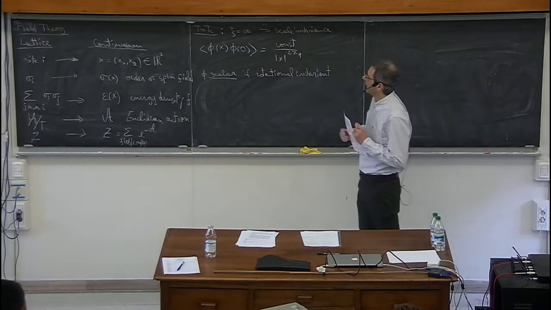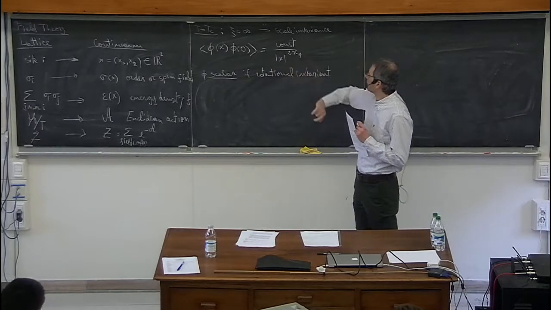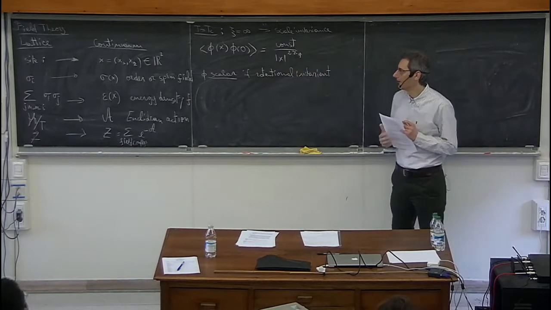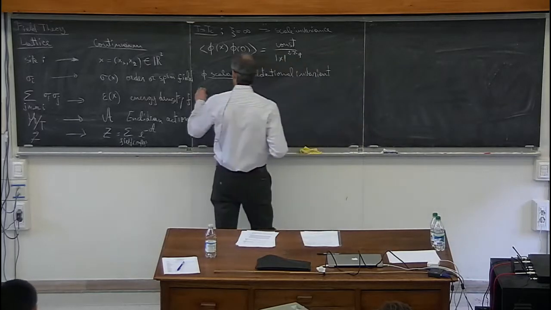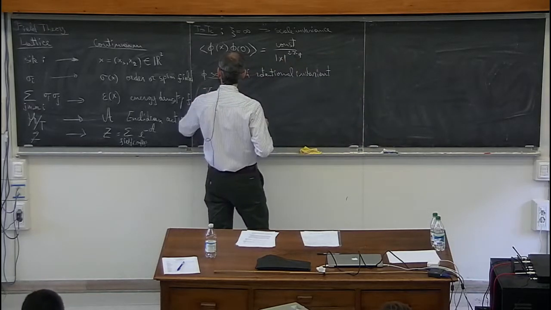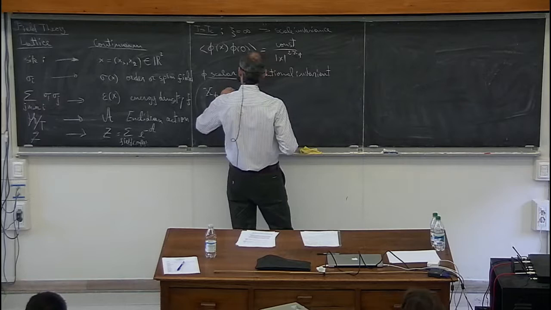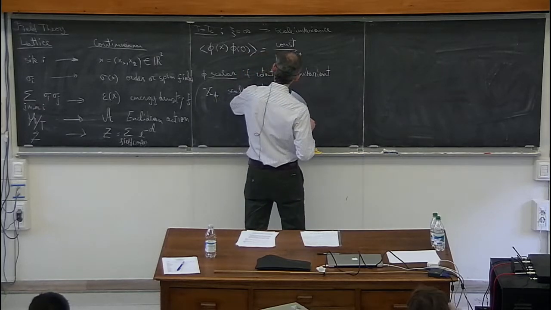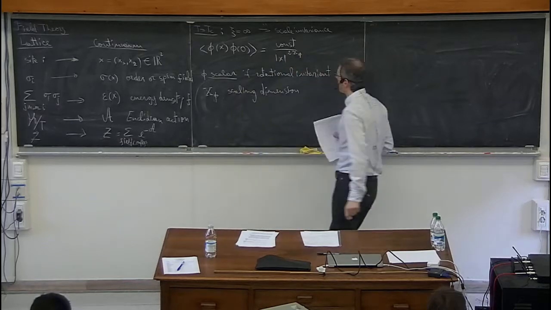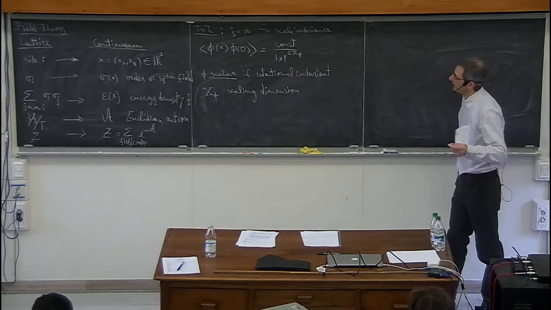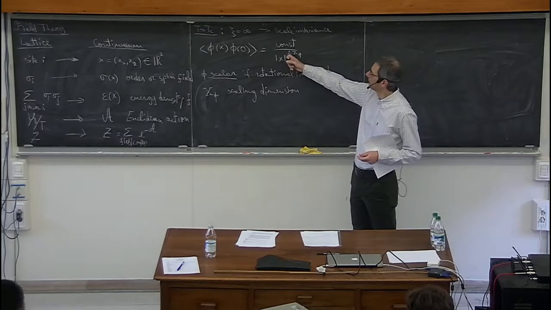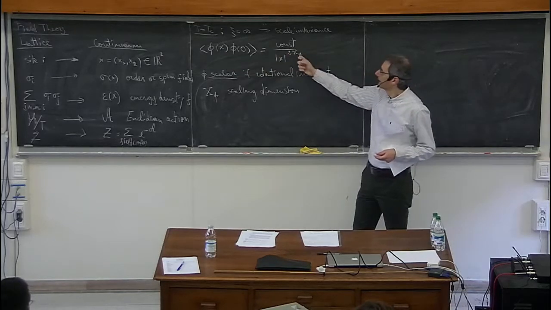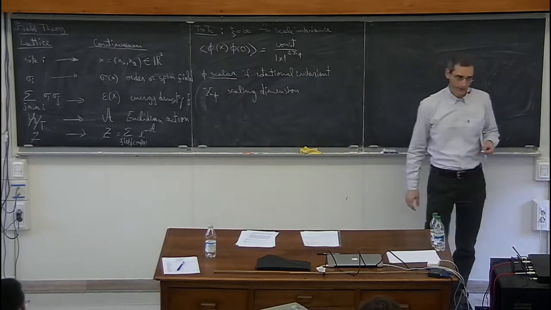Then the other important thing here is this quantity X_phi, which is called the scaling dimension of the field phi. You see the logic here. I put this factor 2 because each field carries a dimension X_phi.